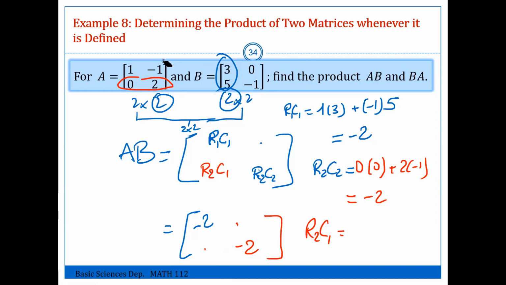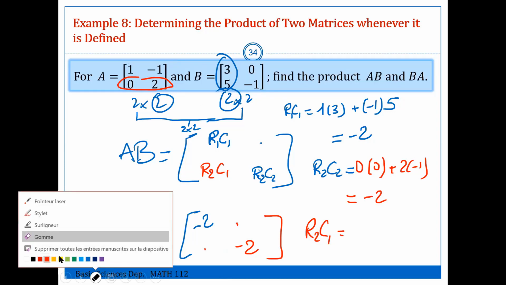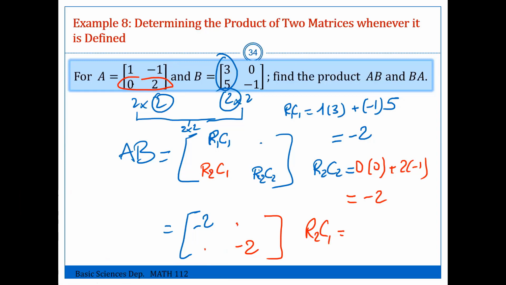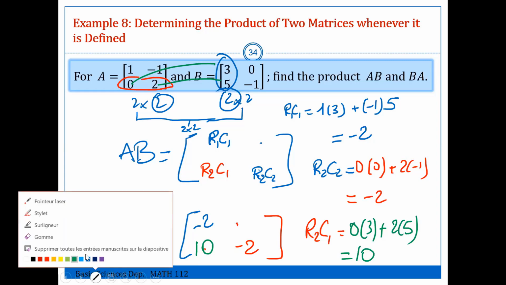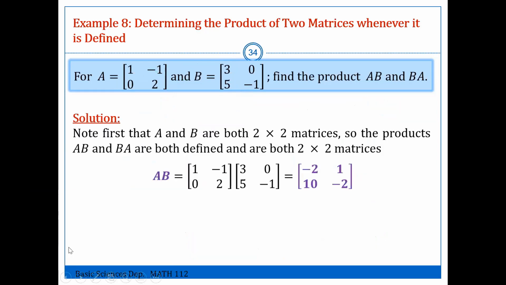Don't need this, don't need this. We need this. 0 times 3 plus 2 times 5 gives 10. This element is 10. Okay, and so on. So you can compute AB, you can see the result. So this is the result.